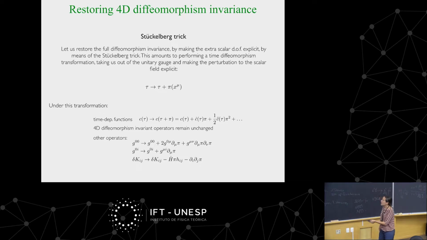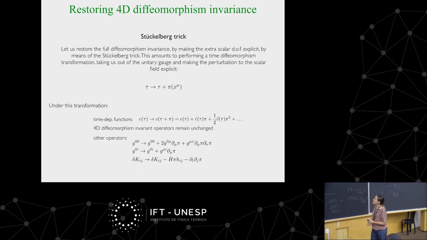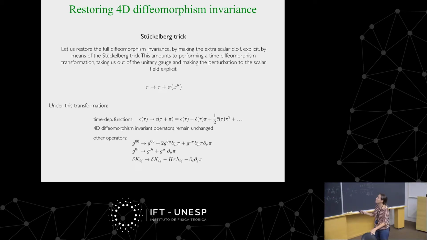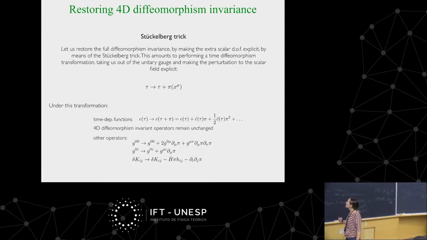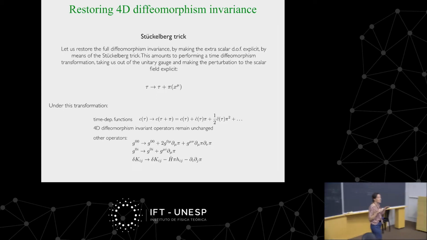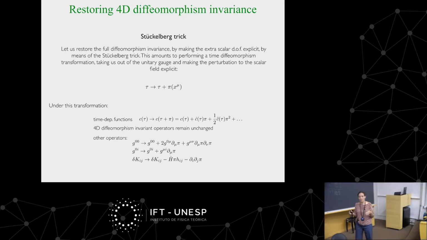So basically, by undoing it, you make your scalar degree of freedom pop out, and in particular, its perturbation, pi. Now, what happens if you do this time diffeomorphism? Of course, all objects that were entering your metric and are scalar with respect to 4-dimensional diffeomorphism will be unaffected by this transformation.